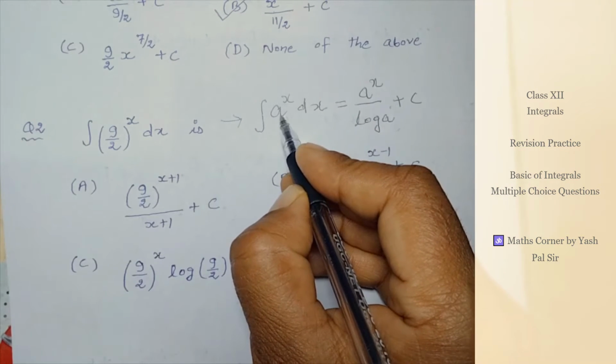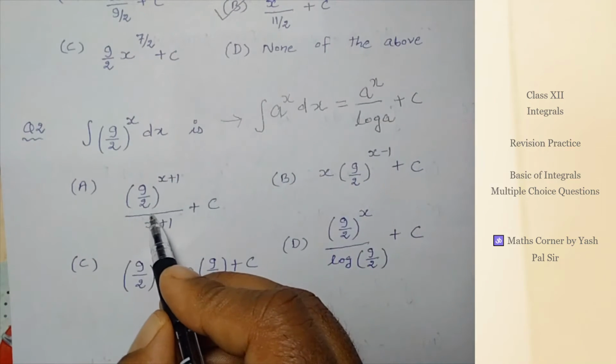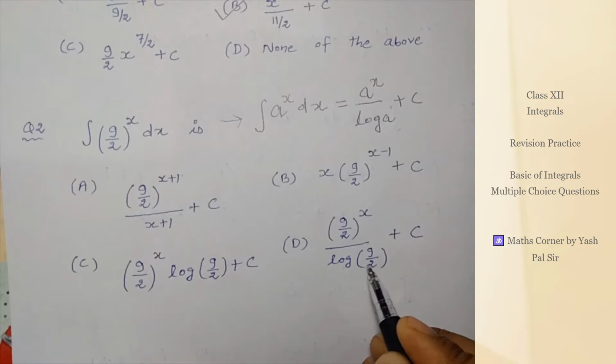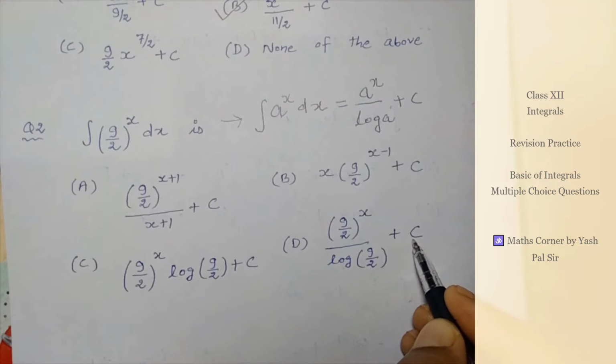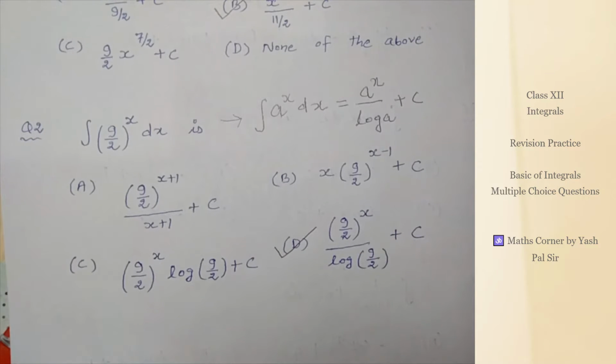Here a is the constant, which is 9 upon 2. So according to this, a raised to power x divided by log a plus c. So option number D is the correct choice.